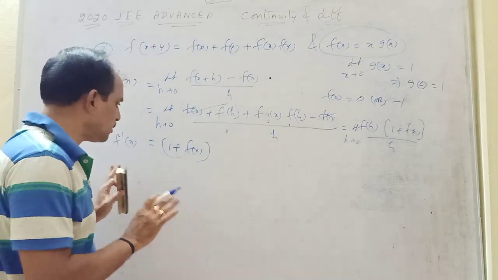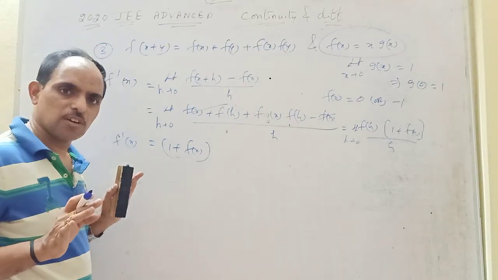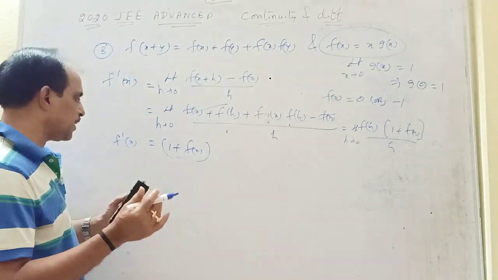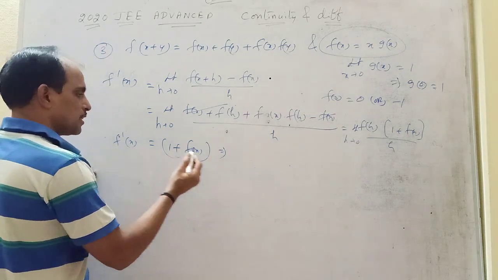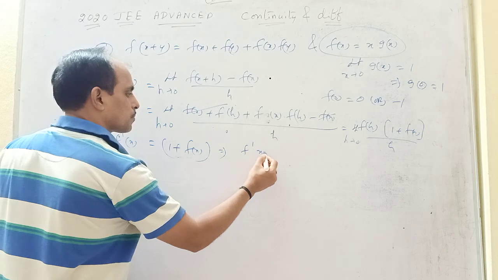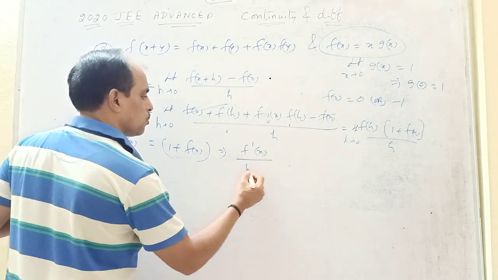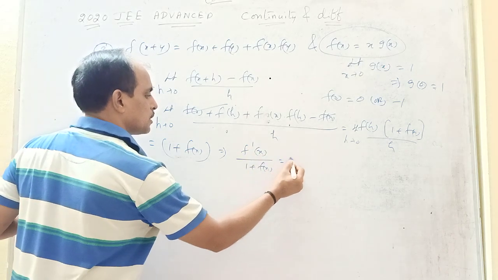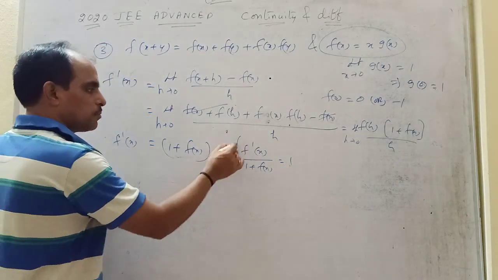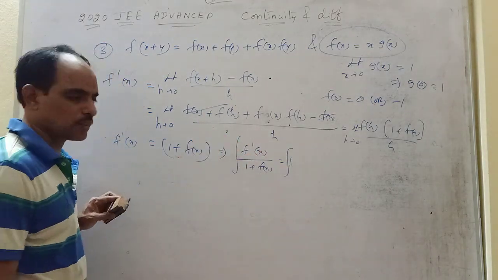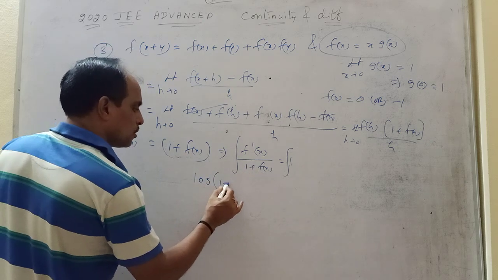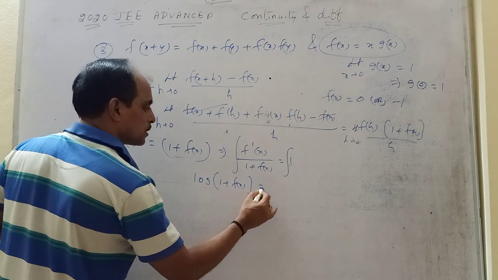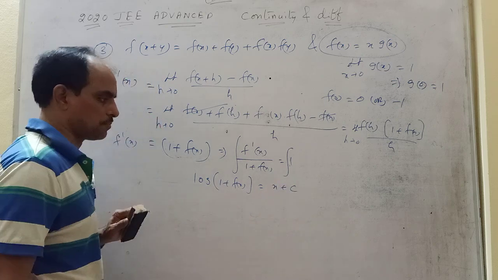f dash x is equal to, this is the function. Okay. Now how to find f(x)? You see, let us take f dash x by 1 plus f(x) is equal to 1. Now I am doing integration. So this is nothing but log of 1 plus f(x) is equal to x plus c.